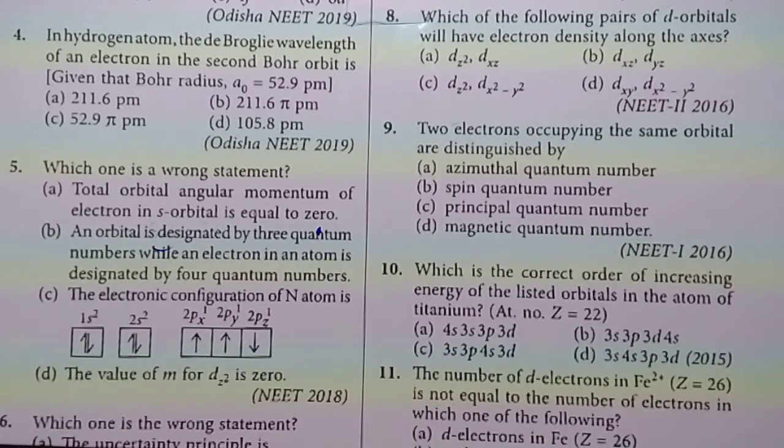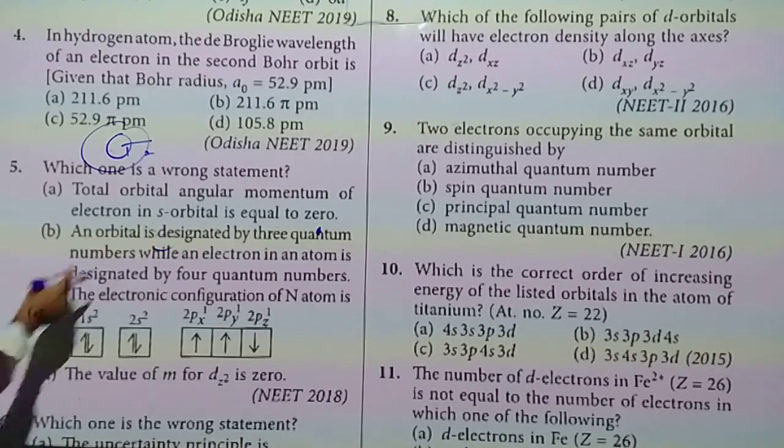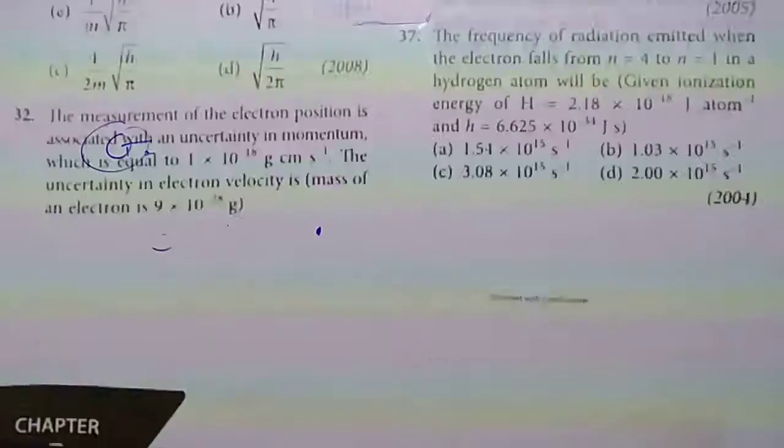Given Bohr's radius constant is 52.9 picometer. We have to define the de Broglie wavelength of the electron in the second orbit.